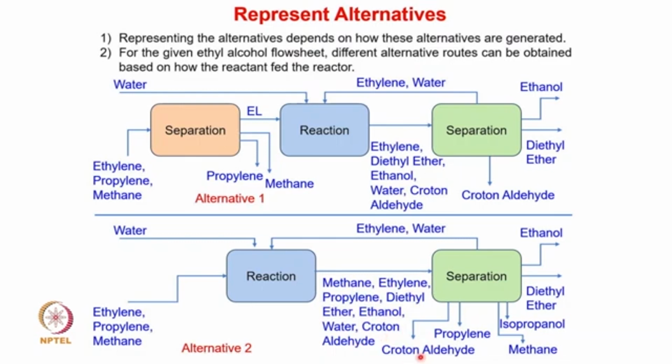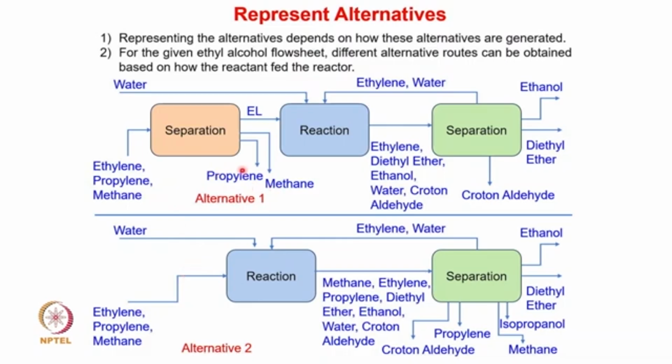So clearly we have to separate crotonaldehyde, propylene, methane, isopropanol here, and diethyl ether will be taken as a byproduct, ethanol will be taken as a product, and then ethylene and water will be recycled back to the reactor. So these are the two alternatives we have shown, but in a similar manner multiple alternatives are possible.